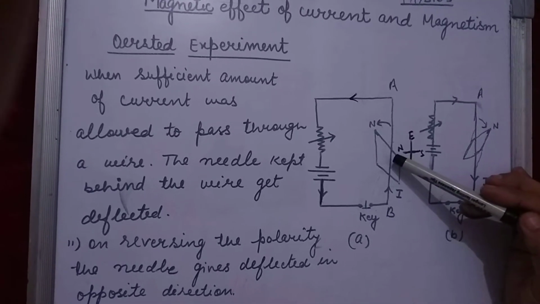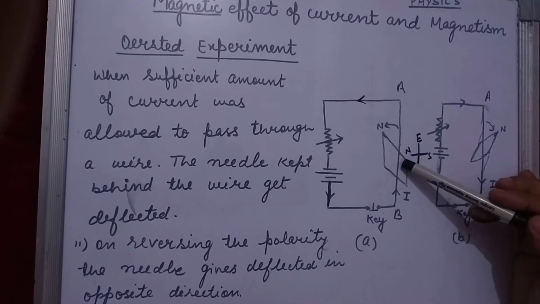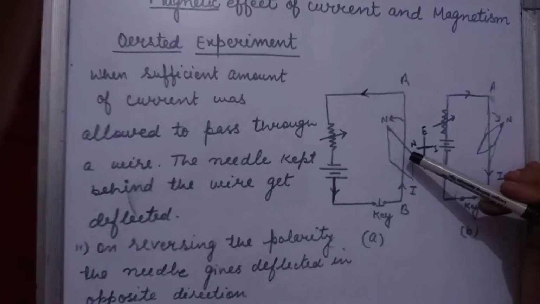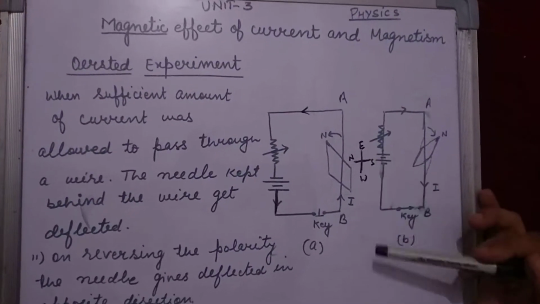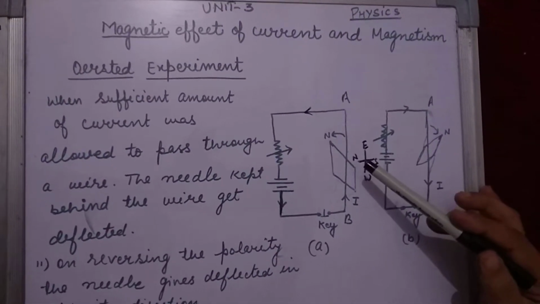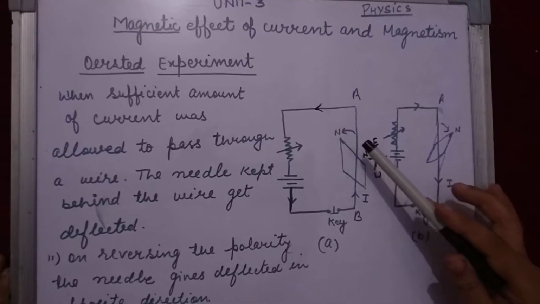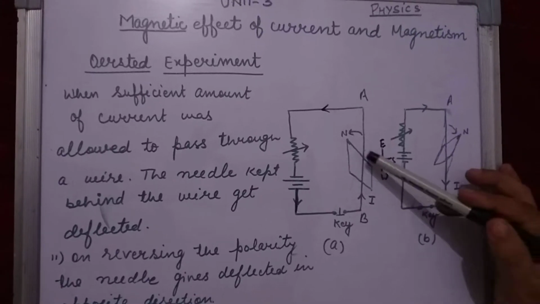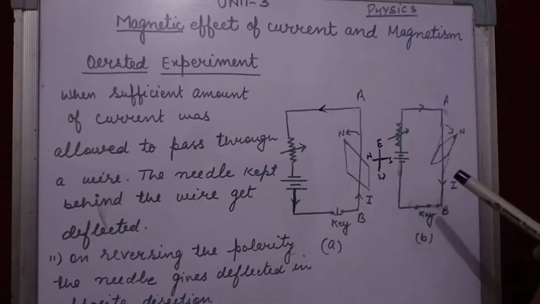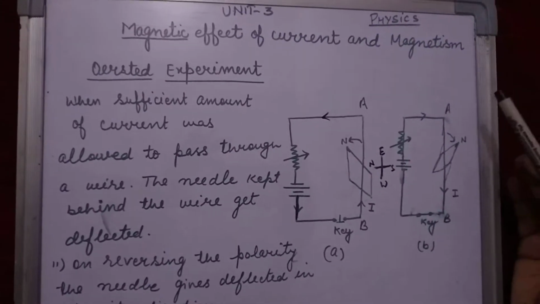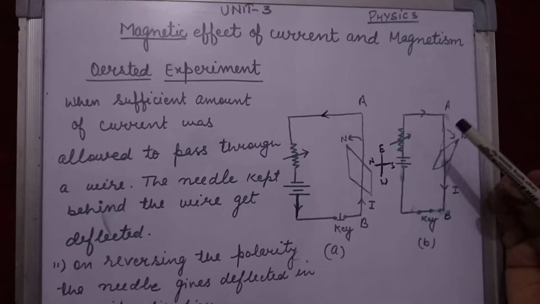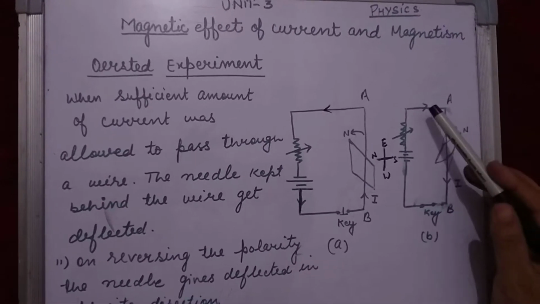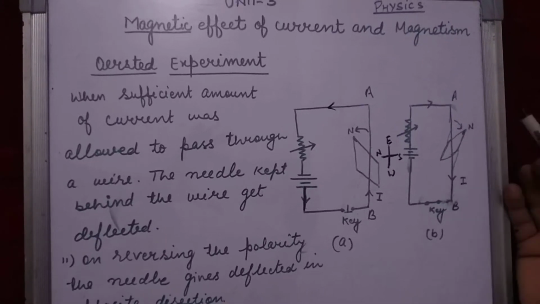A magnet attracts or repels the other magnet. So what he observed from this experiment is that a current carrying conductor becomes a magnet, because the needle put behind it gives a deflection, since when a magnet is placed near another magnet it gets deflected. And when he reversed the polarity, it also got deflected.